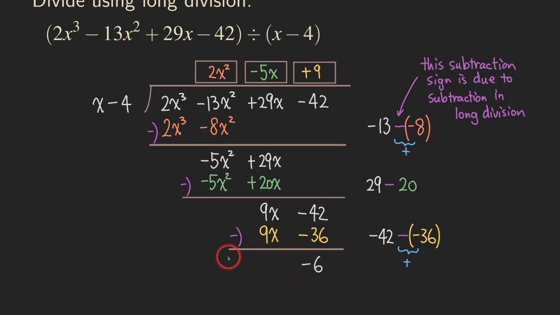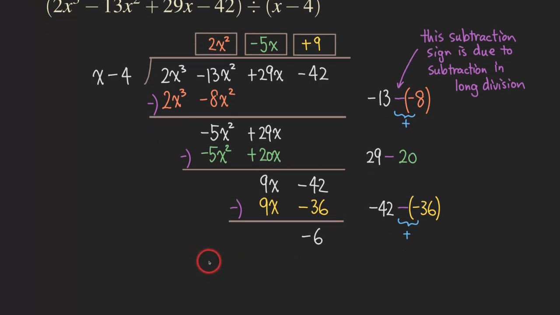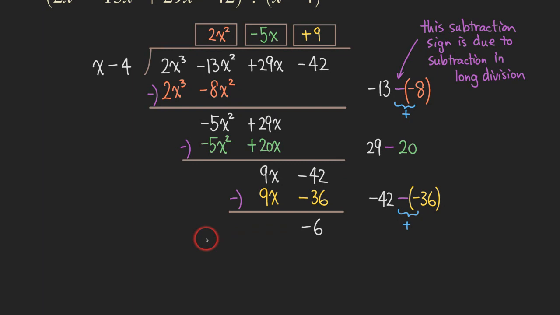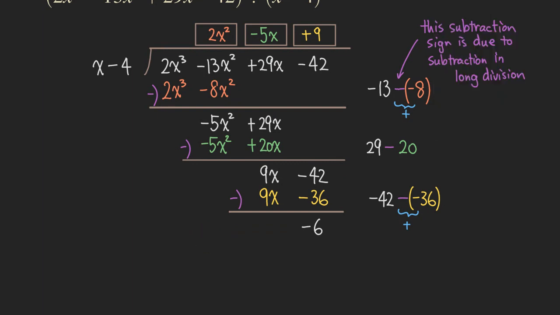One thing that we really want to do is write down the answer in a proper way. How do you write down the answer in a proper way? It's this. Let me just write it down here. The format, when you're writing down the final answer, would be the quotient.